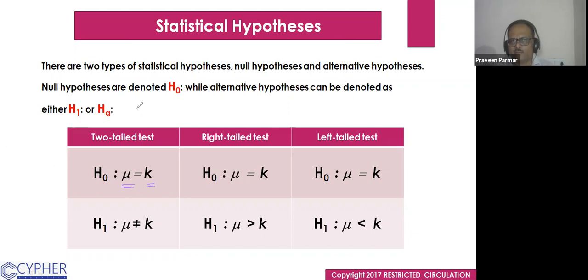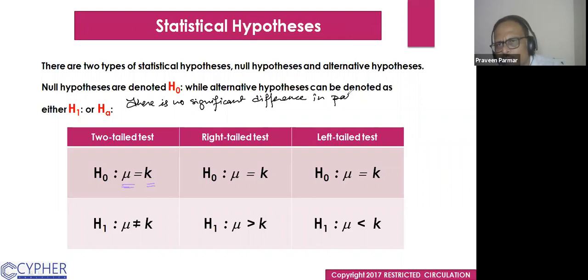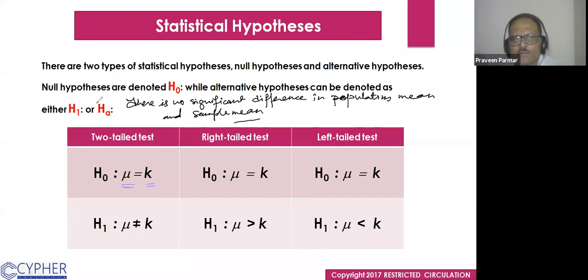So generally we take the null hypothesis statement like this, in a proper way so you can understand: there is no significant difference in population mean and sample mean. Okay, this is the null hypothesis statement.